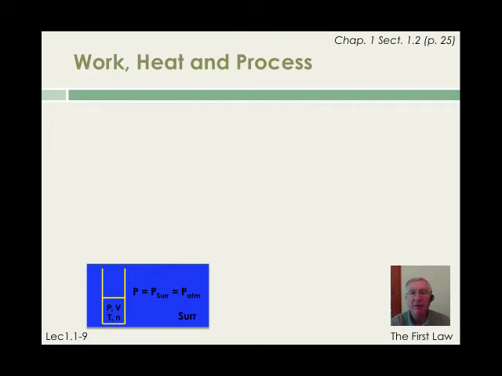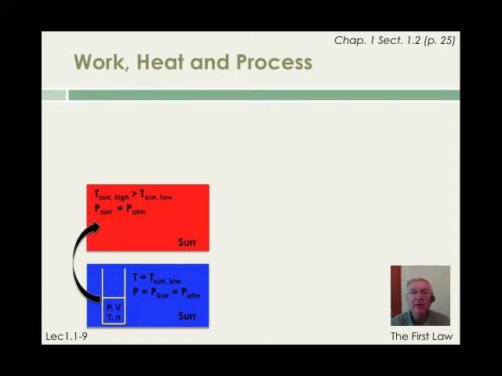Because the cylinder is made of metal, a good conductor of heat, the temperature in the gas is the same as the temperature in the surroundings. We say that the system is in mechanical equilibrium and in thermal equilibrium.